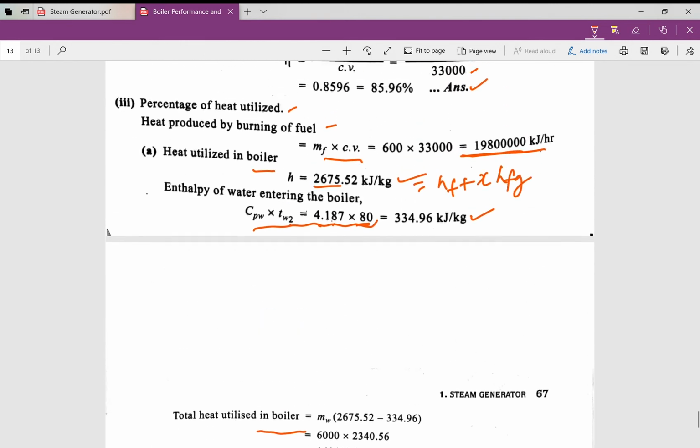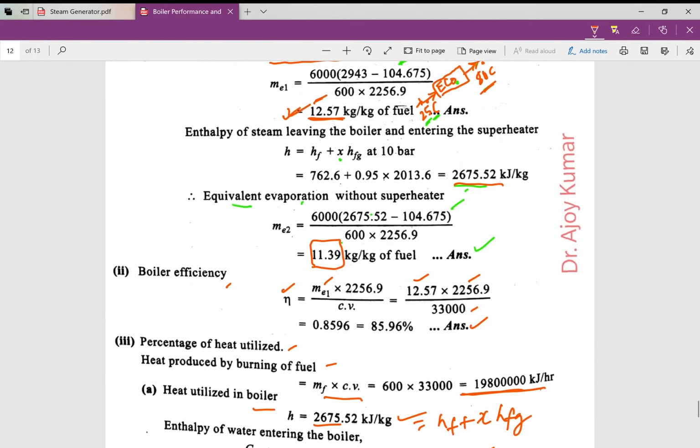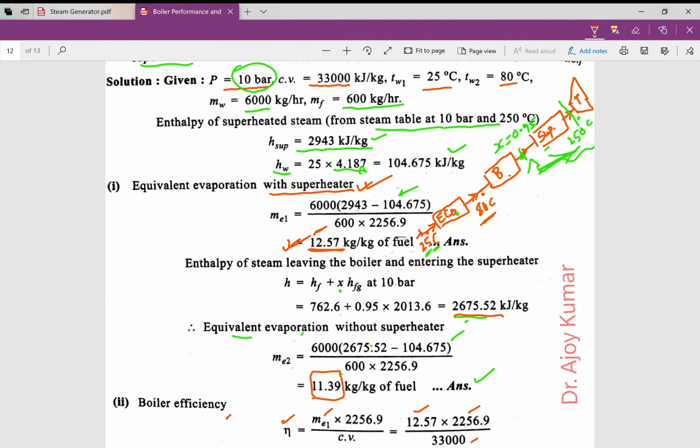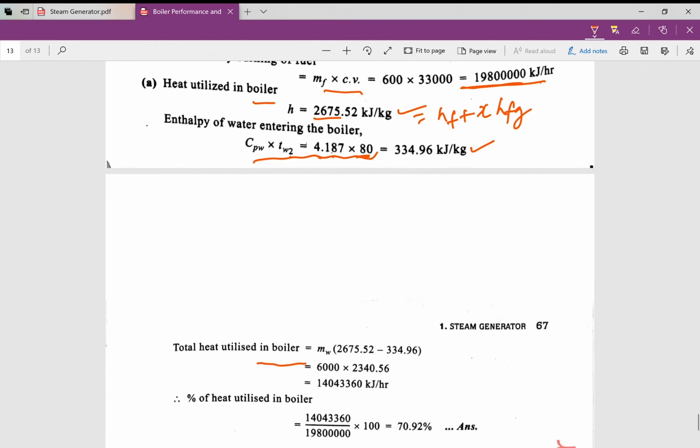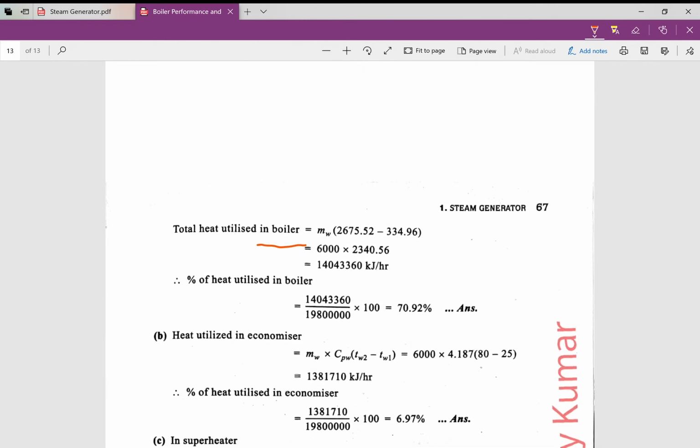So that is the difference between these two sections. Here what is the enthalpy, and before entering the boiler what is the enthalpy. This difference is written over here and multiplied by the mass of water supplied.